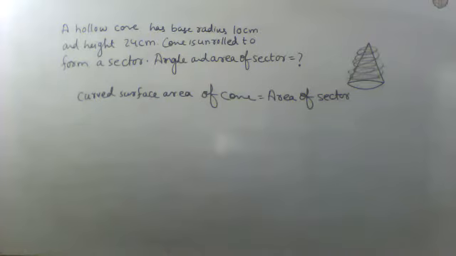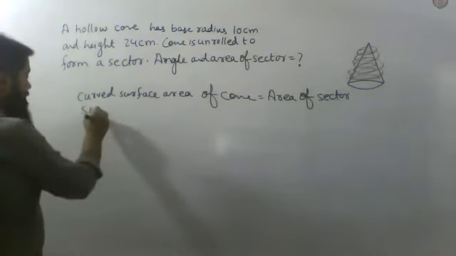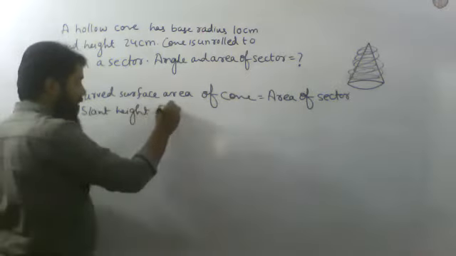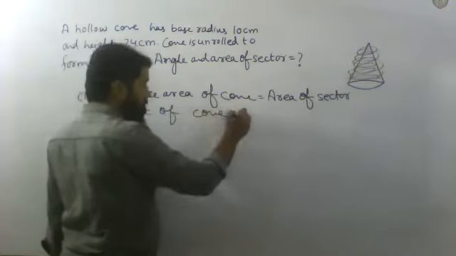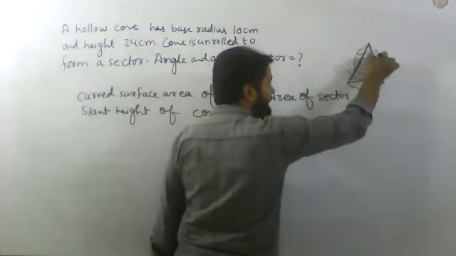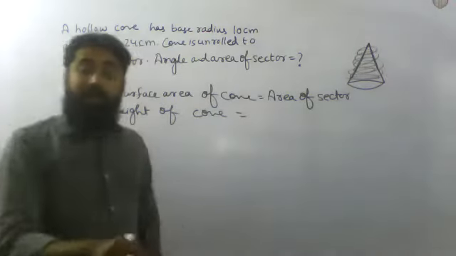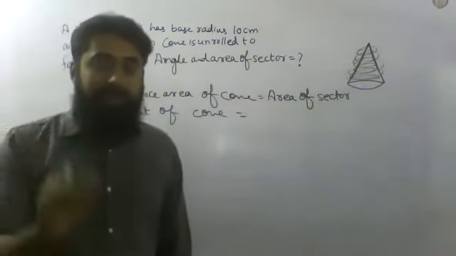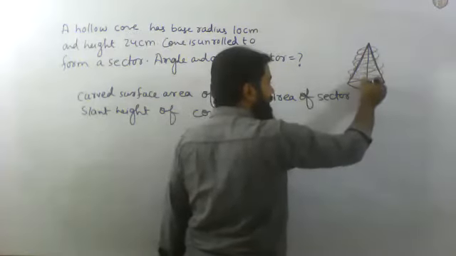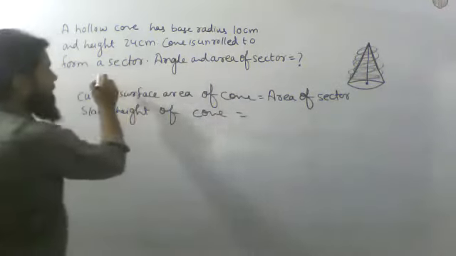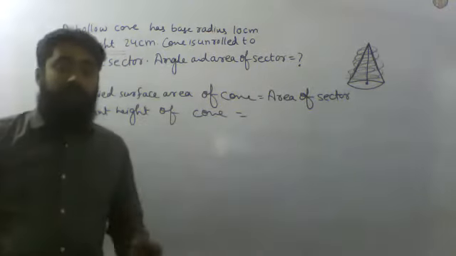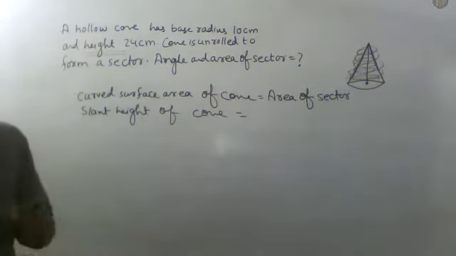After that, slant height of the cone. What is slant height? This is your slant height. When they will give you slant height, they will tell you it is slant height. But if they are just saying height, it means they are talking about this perpendicular height. If they want you to find slant height, they will write the word slant height.